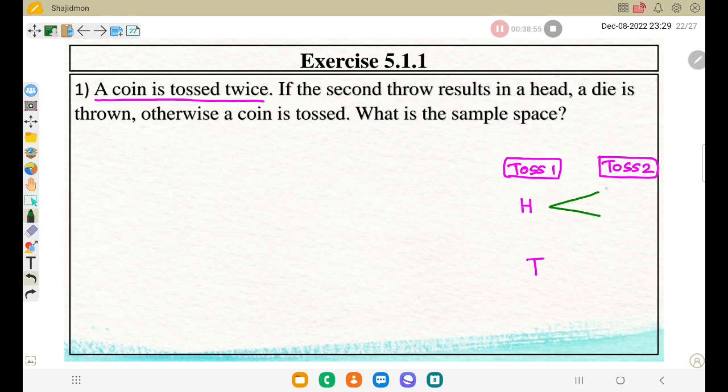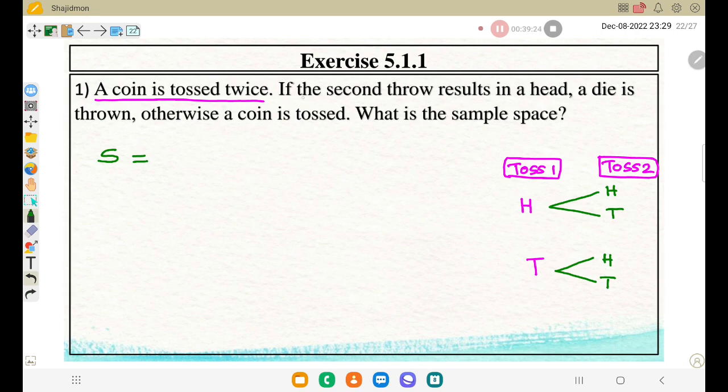Second toss options. Either head or tail will be there, correct? Same way, first toss if you go to tail, what are the options for second toss? Either head or tail, correct? So what is the sample space we can write? Head head, head tail, tail head, tail tail, correct?